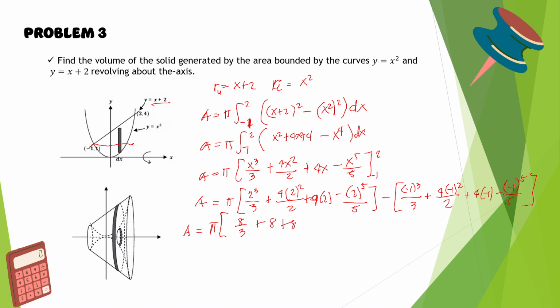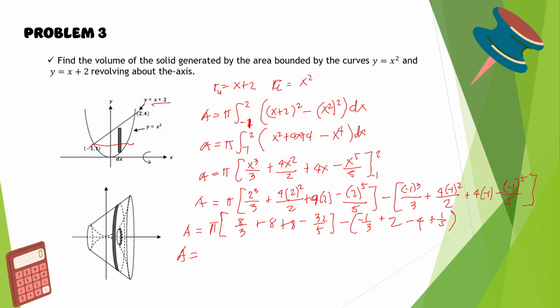This is plus 8 minus 32 over 5. And minus, we need to deduct this one. This is negative 1/3, plus 2, plus 2 minus 4. And negative 1 raised to 5 is negative, this is odd, so therefore this is plus 1/5.